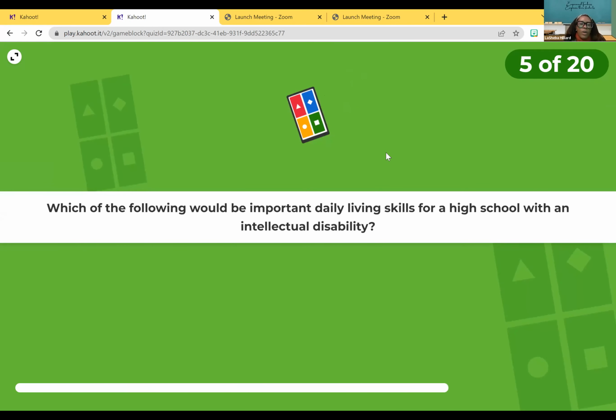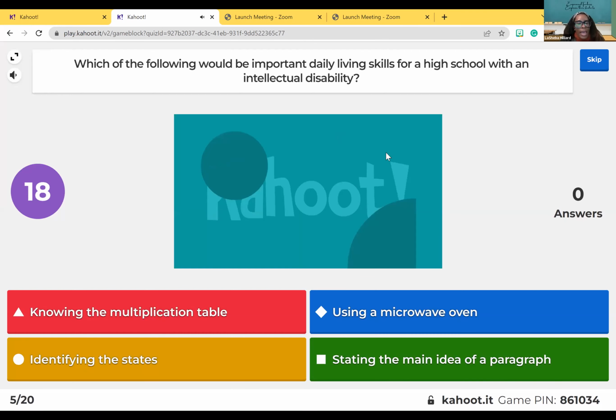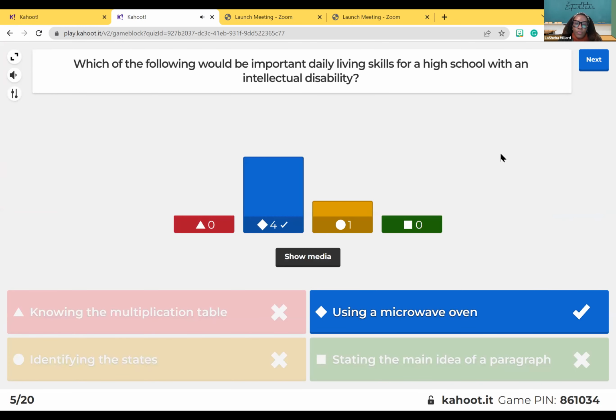Okay, so which of the following would be most important for daily living skills for a high school student? Yes, using a microwave oven.